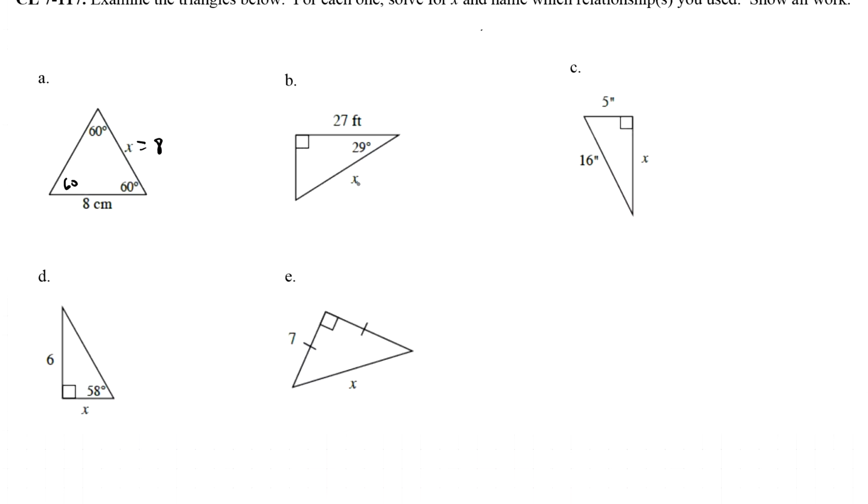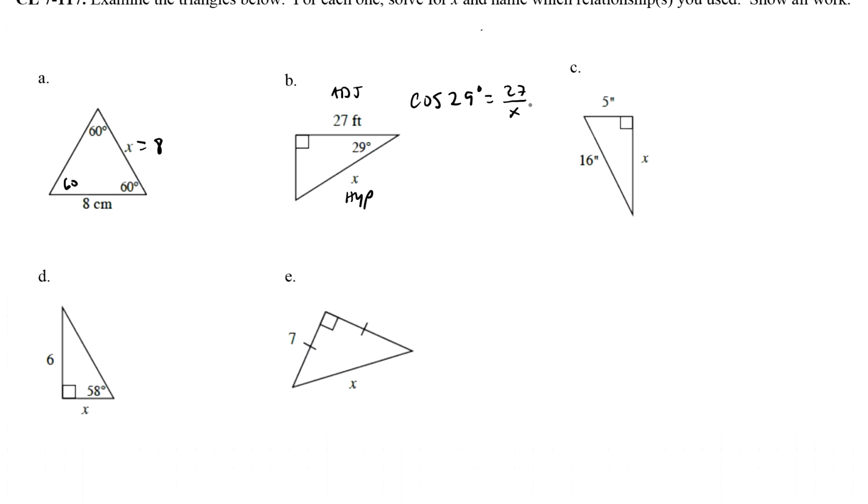I want to find out what x is, so I know this is the hypotenuse and I know this is the adjacent side. So for this angle here, I know it's going to be the cosine of 29 degrees equals 27 over x.